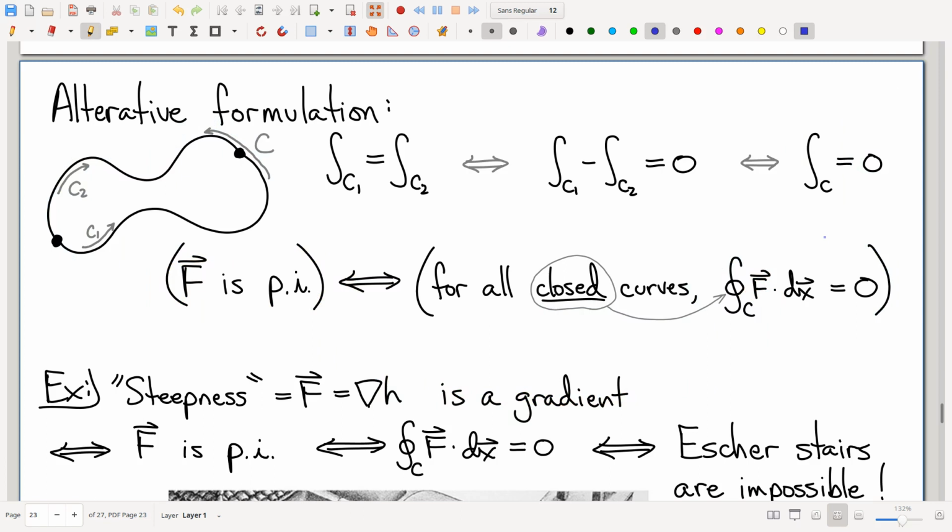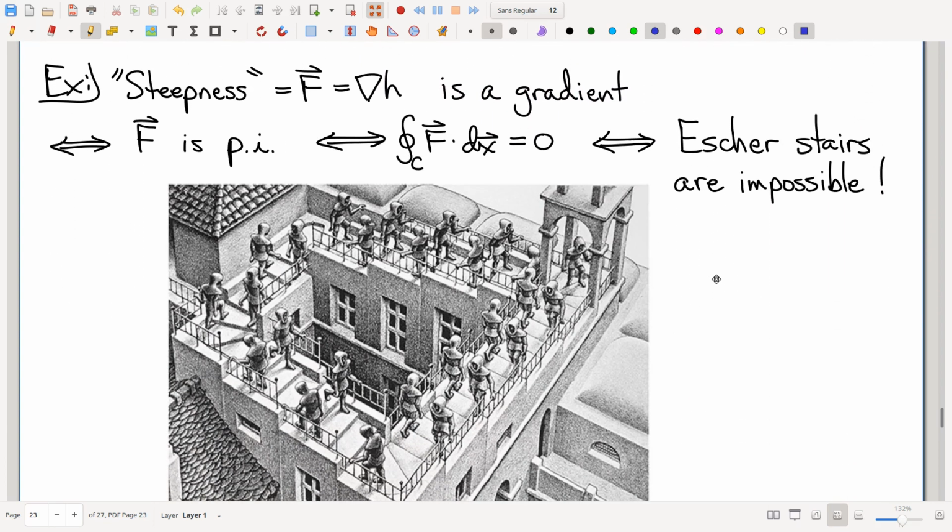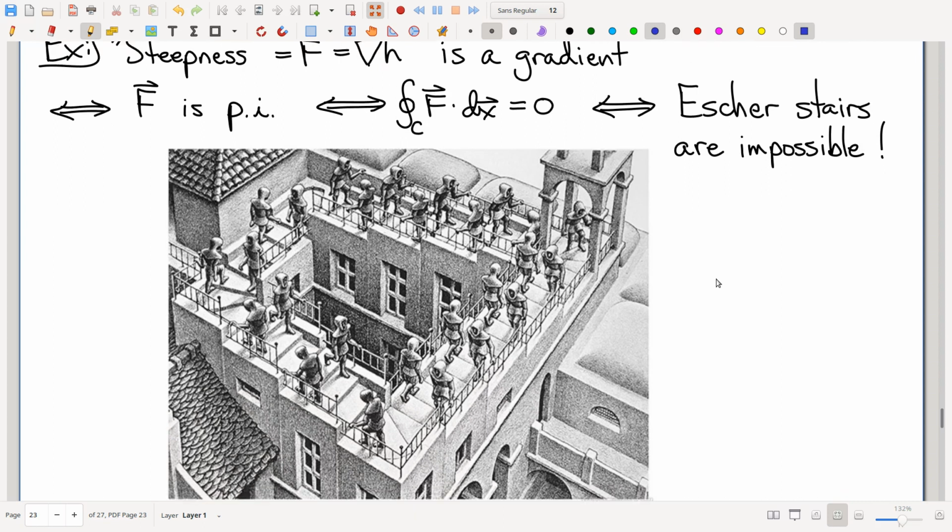All right, so let me show you one place that this comes up nicely. I don't know if y'all are familiar with the work of this artist named M.C. Escher. He did a bunch of artistic illusions, among other things. And here's an example. The name of this artwork escapes me at the moment, but it shows a bunch of guys walking, following each other on some stairs, which doesn't look particularly concerning until you realize that the people on the outside seem to always be walking uphill.